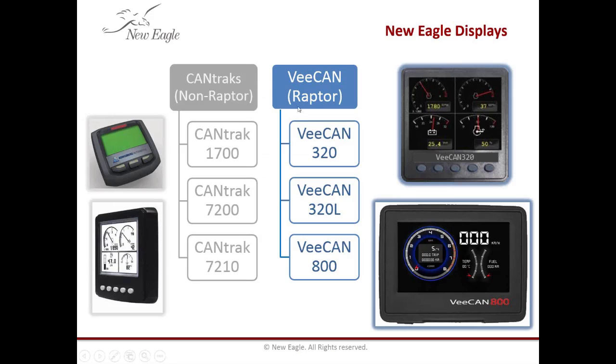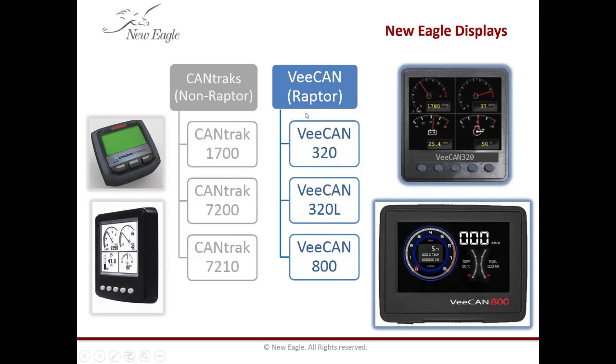Okay, so our display offerings, we have the CanTrack line, the 1700 and the 7200s. For these we have non-Raptor libraries like Motorhawk, and that creates a CAN slave basically, so you can control them over CAN.